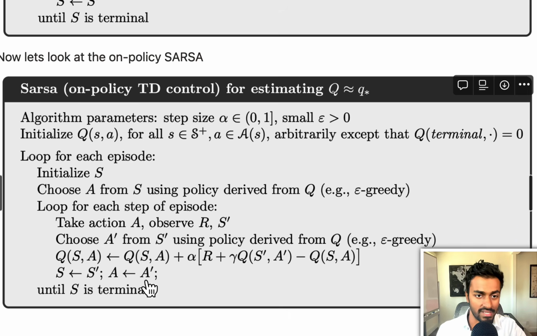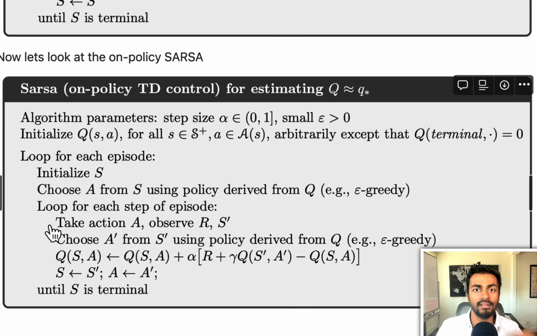Now, what's really important is this next line, where we assign A' to A, and then we take the action A. That means effectively, whatever we chose in the previous iteration of that loop, we're actually going to eventually take that same action. So even though A' was chosen as a part of the target policy to update the Q values, we're taking the action, which means that it should also be a part of the behavior policy.